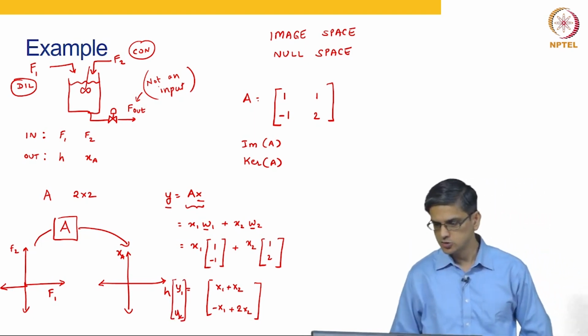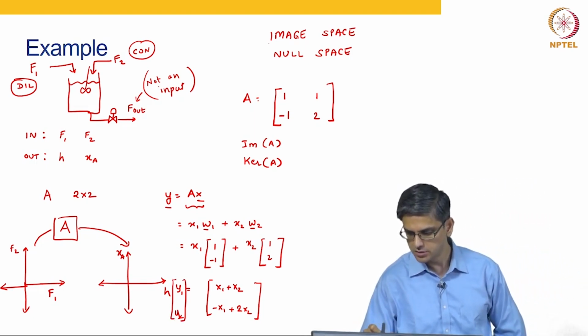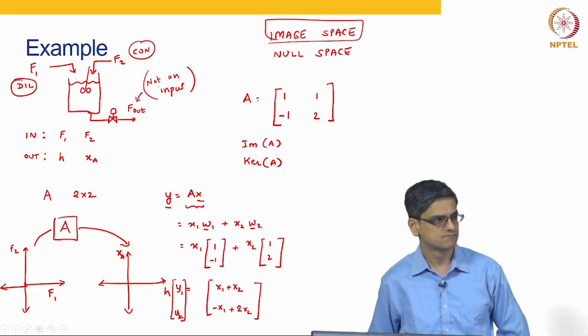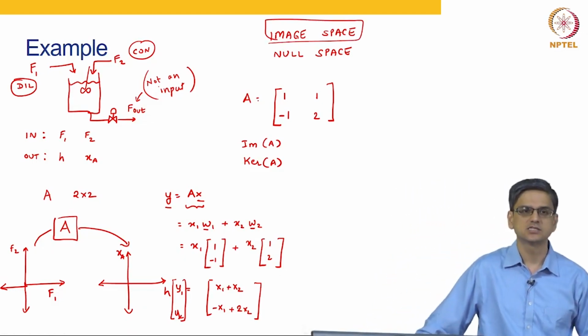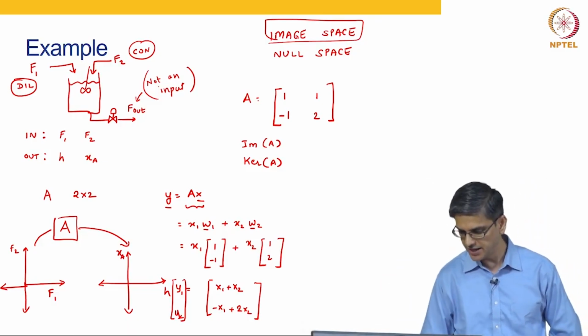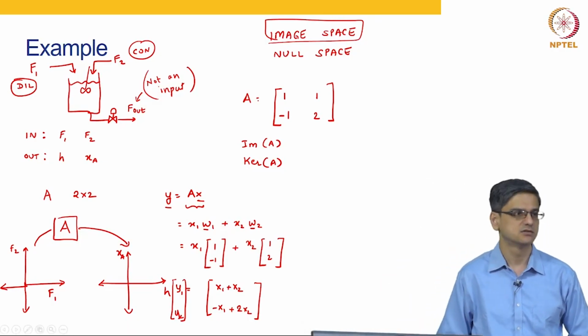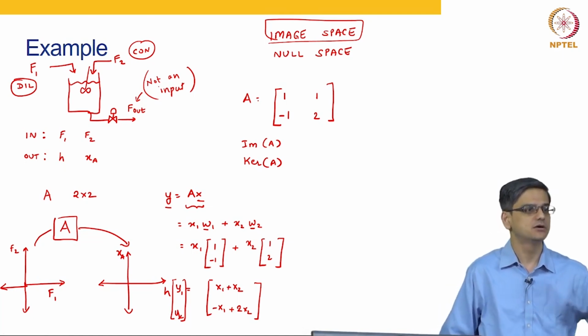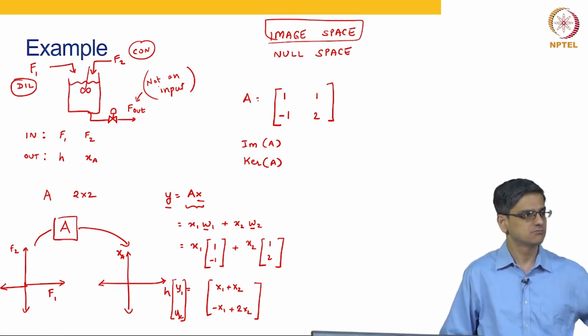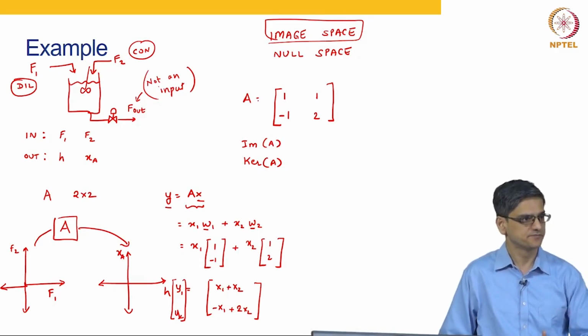Okay. So let us talk about image space. What does image space mean? Image space is the space in the HX space which can be reached by a linear transformation.